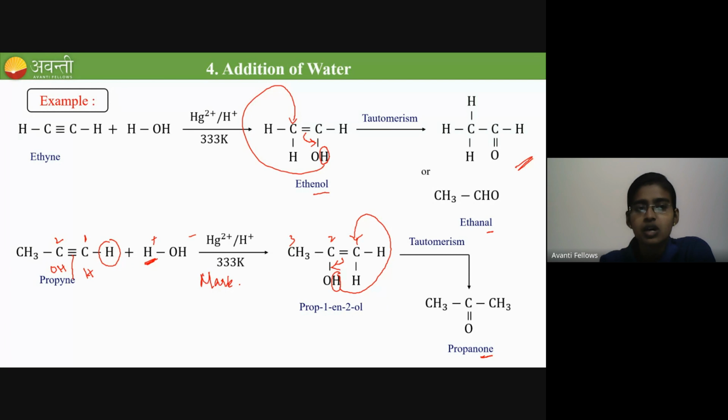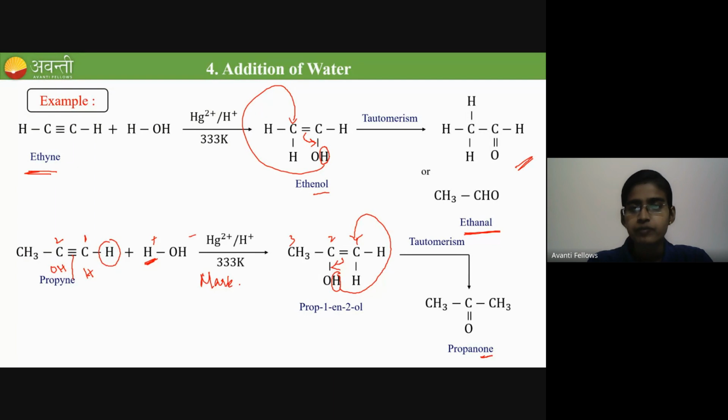If you take ethyne, you end up with aldehyde. For any other alkyne, you end up with ketone. So only for ethyne do you get aldehyde. This is called keto-enol tautomerism. Other tautomerisms exist, but for our syllabus we only have keto-enol tautomerism.